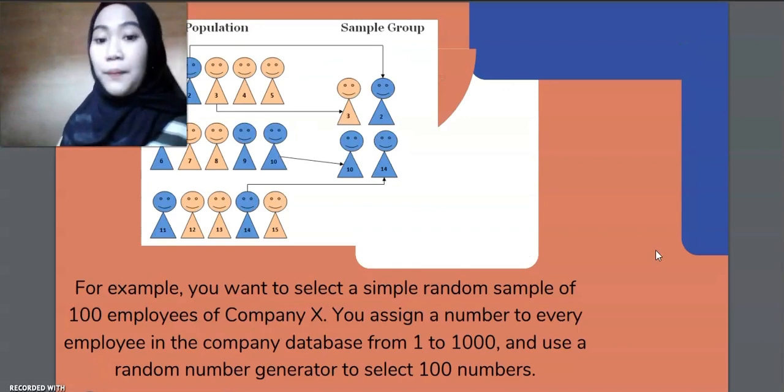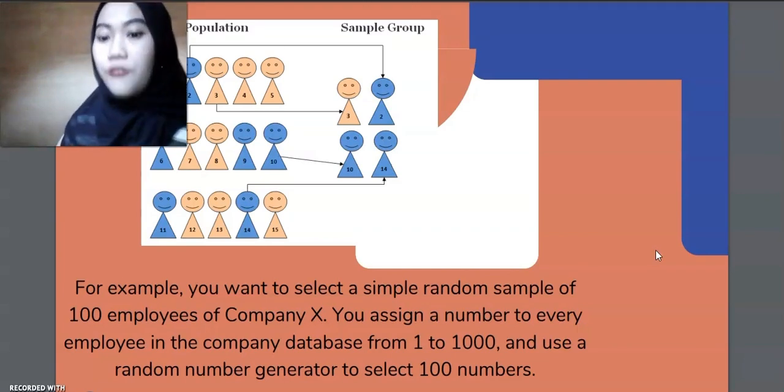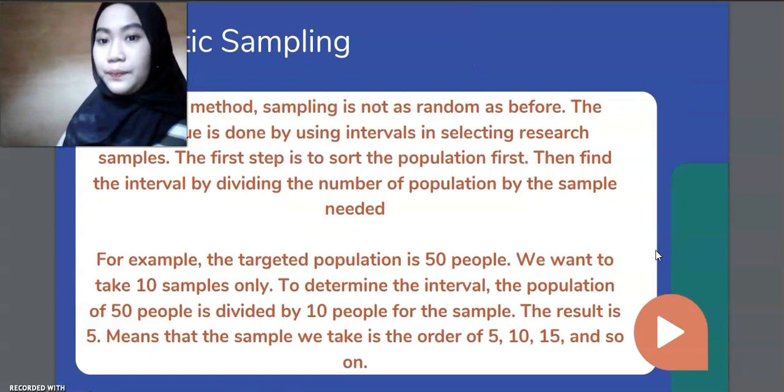And for the example, you want to select a simple random sample of 100 employees of company X. You assign a number to every employee in the company database from 1 to 1000 and use a random number generator to select 100 numbers. And this is the photo or the picture of the sampling.